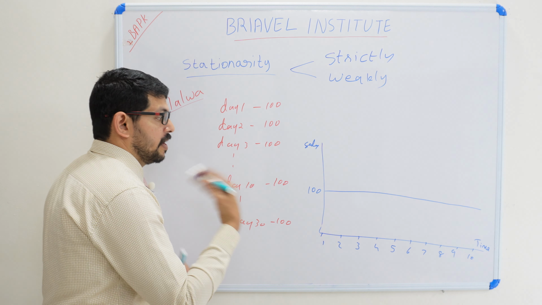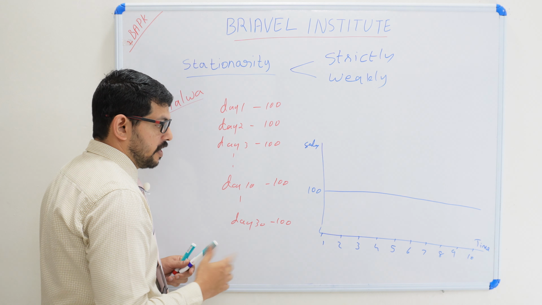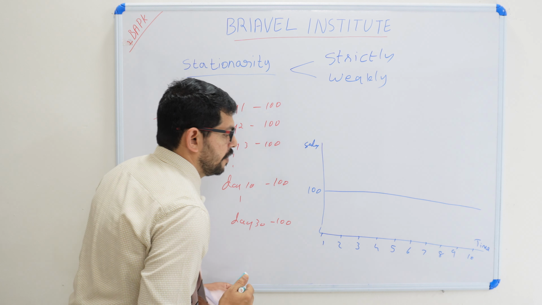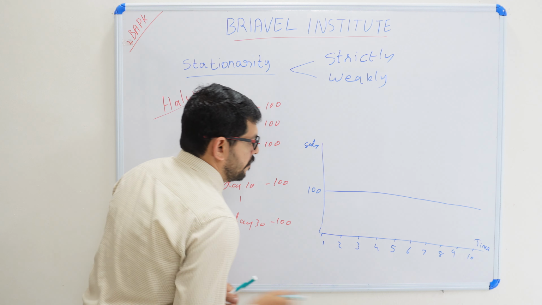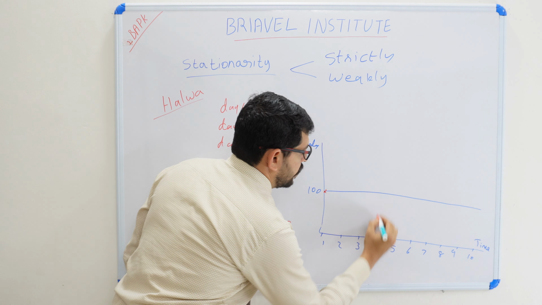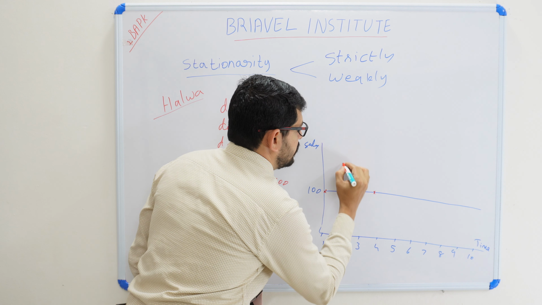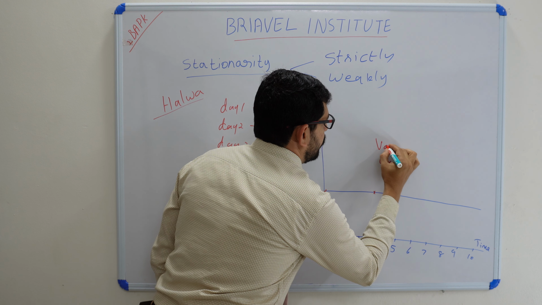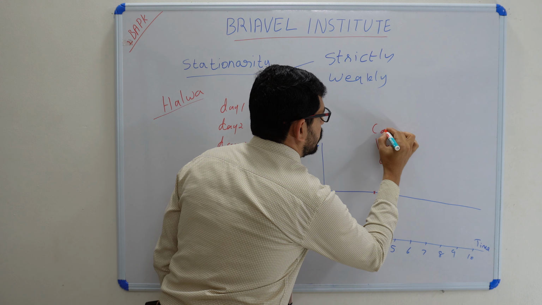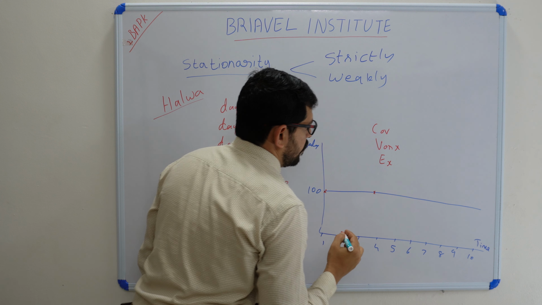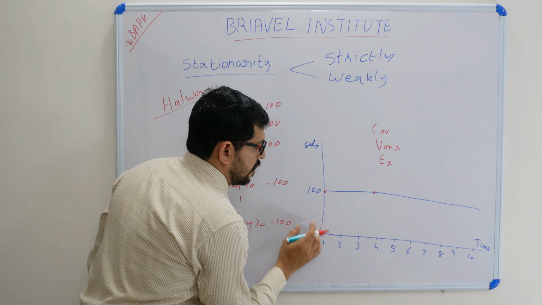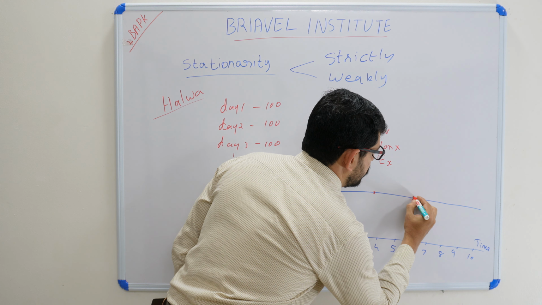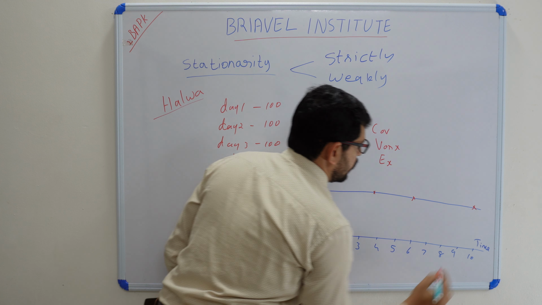Now we are comparing the statistical properties at different times. For example, I take days 1 to 4. What are my statistical properties? They are E of X, variance of X, and covariance. I am comparing the first period, 1 to 4, with 6 to 10.